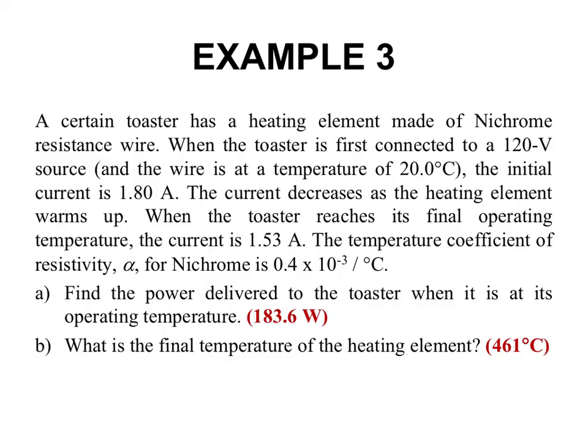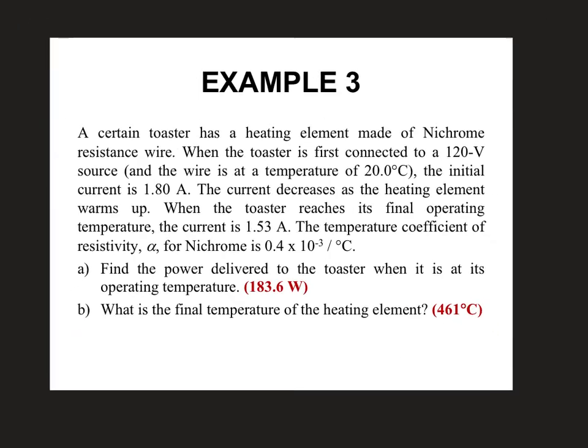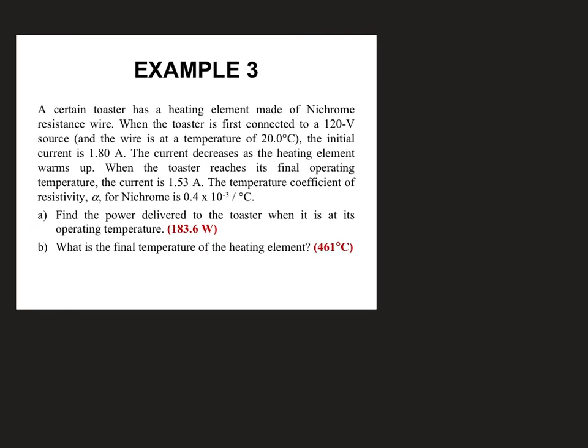We are going to proceed with the last question here. The question asks you to find the power delivered to the toaster, and to find the final temperature of the heating element. The question already gave you the voltage and the current at operating temperature, so we are going to use P equals IV, where I is 1.53 and the voltage is 120.